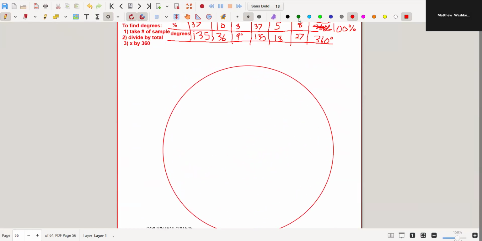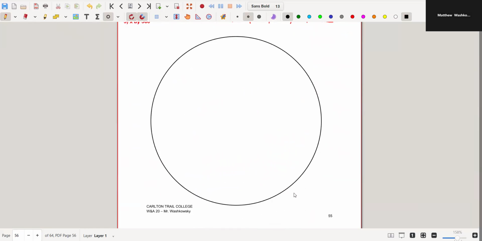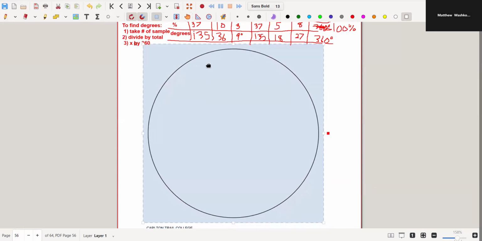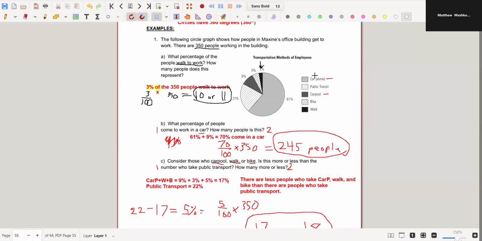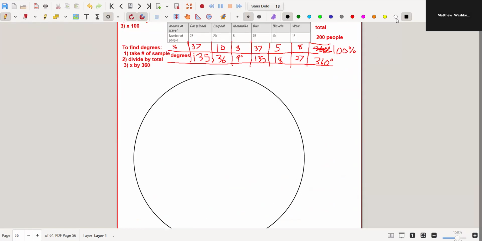I'm just going to draw a nice big circle here. Up here a little bit. Now, if you look at the pie charts up here, you see a legend. I need to do a legend as well. Now, there's a couple ways you can do this.